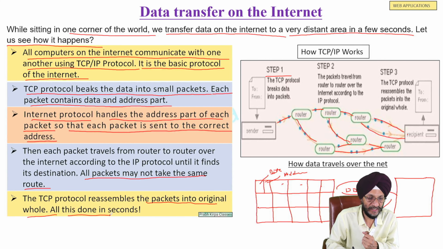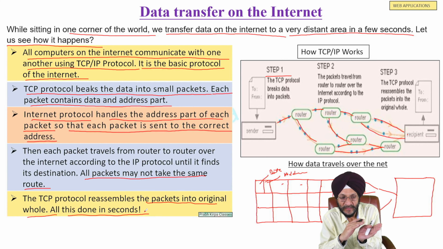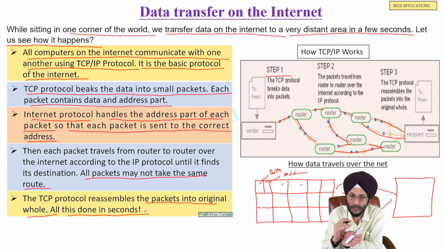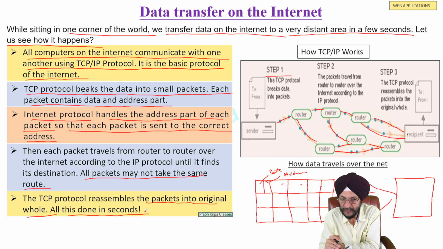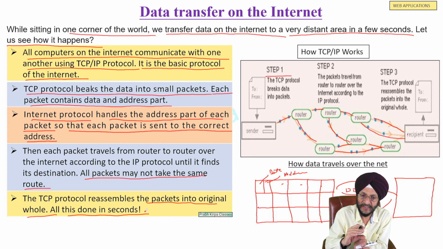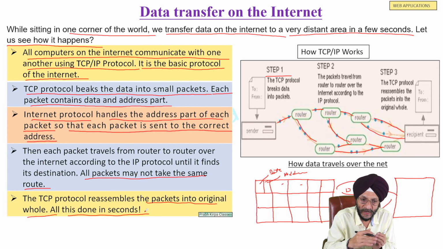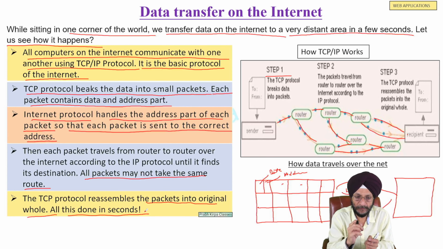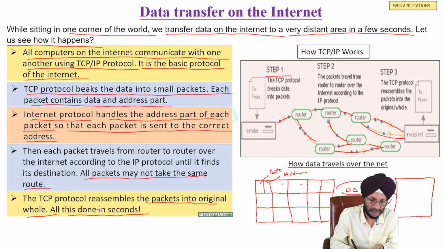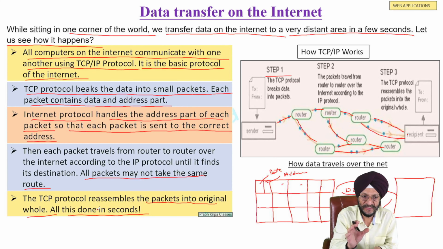It is not that the breakage into small packets or traveling through different routers or reassembling at the final destination takes a long time. All this process takes place in a few seconds. This is just an overview.